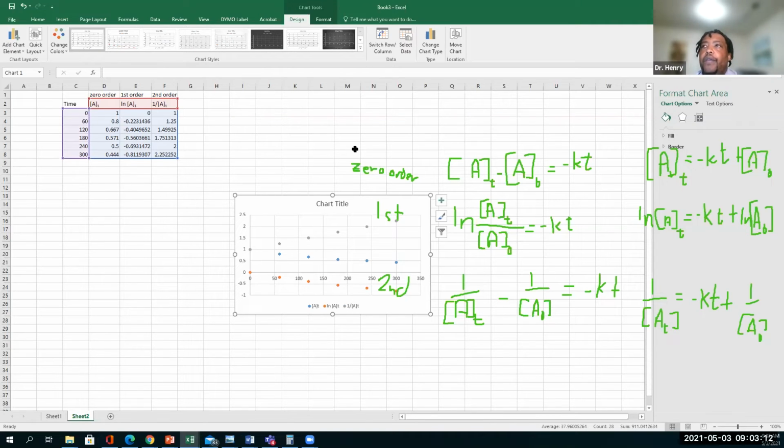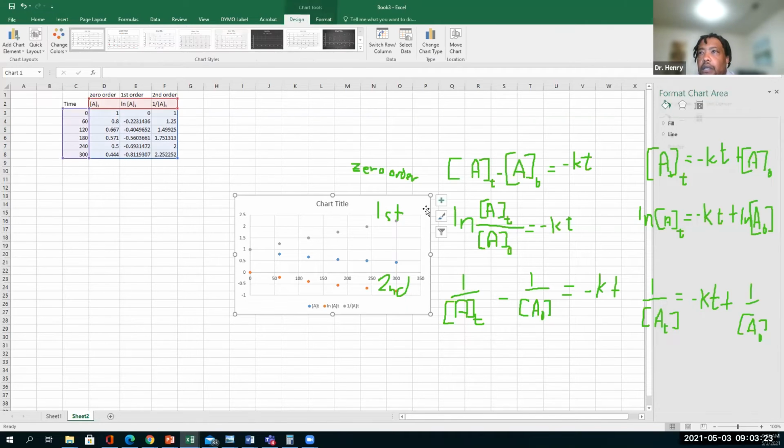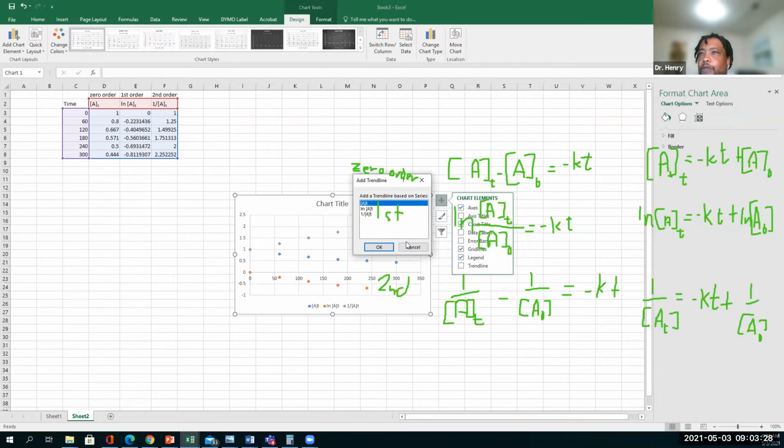Okay, and then I'm going to do a curve fit for each of them. So we're going to add the trend line to each one independently. That would be my first order one, I believe. Then we hit trend line.